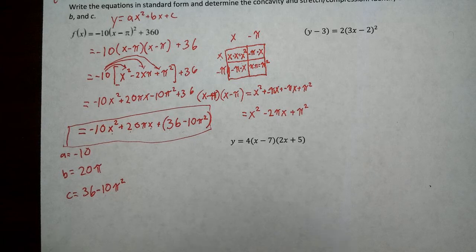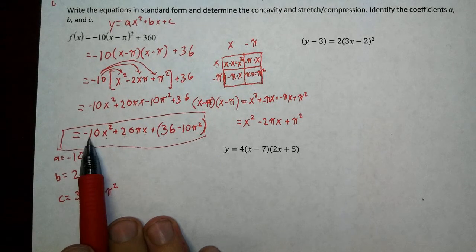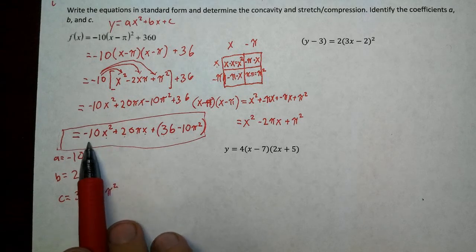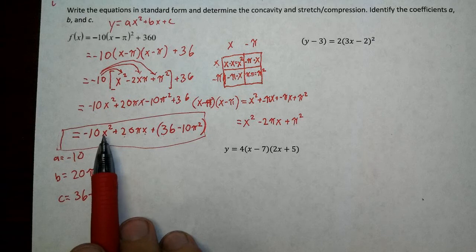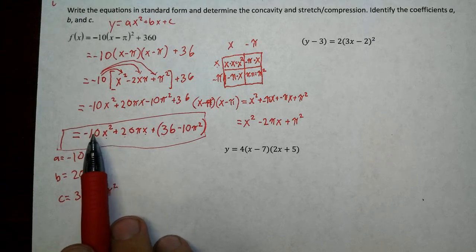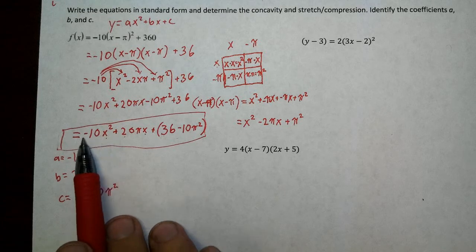Okay, so that's that. Now the other thing it wants us to ask, what's the concavity and the stretch or compression? This is where it's quite easy. This is what we already know. The concavity is going to be the sign on the a. The x squared is the largest term, the highest power term, so it will determine the concavity. So the sign on this is what determines the concavity.